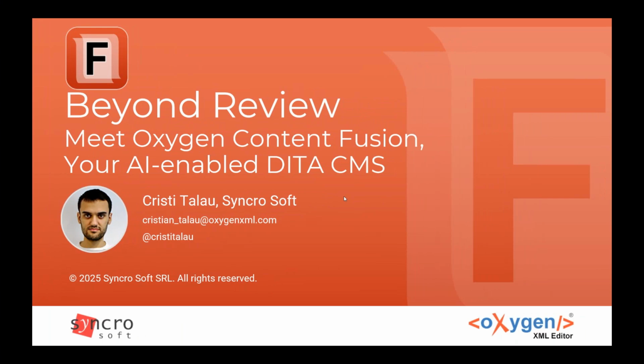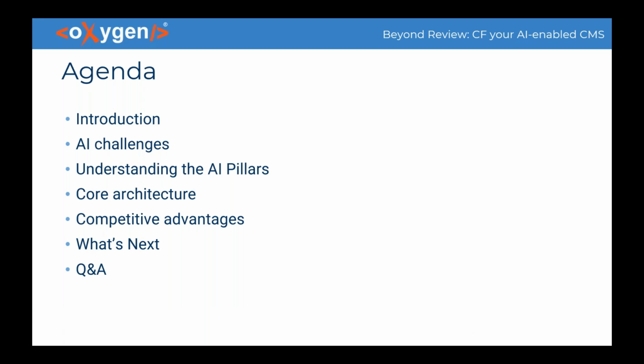Thanks, Aline, for introducing me. Let's try to share my screen. Okay, so let's see what we are going to explore during this webinar. Aline started with the introduction. The next step will be to explore AI challenges, so the challenges that AI poses to every organization.